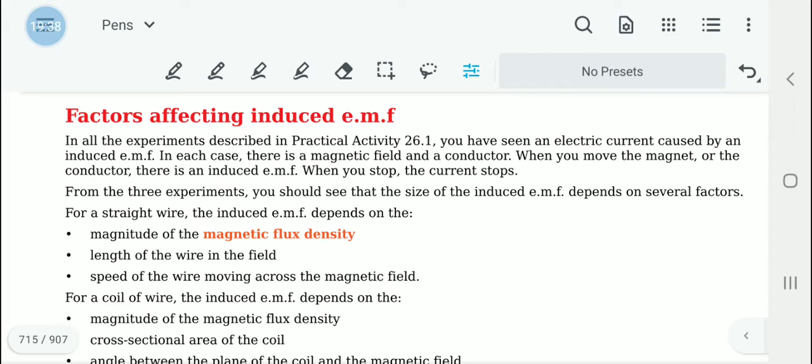Number 3, speed of the wire moving across the magnetic field. Underneath that, put a star and use a different colored pen and write down: for all three, when they increase, the EMF increases. That is a direct relationship.